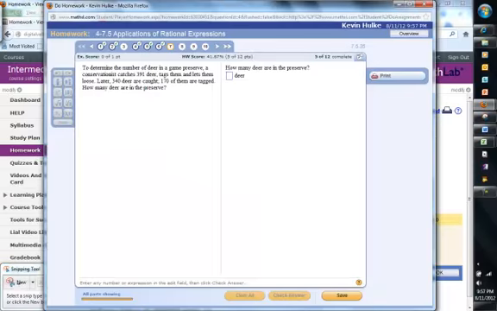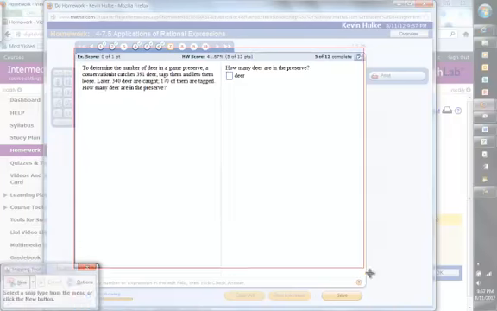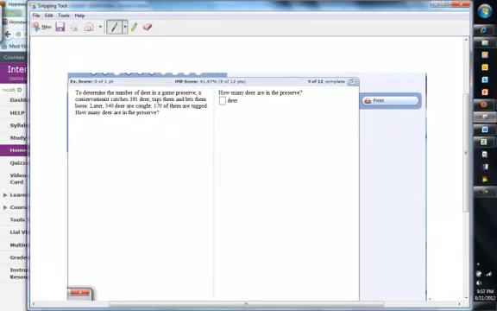I've always thought this method of figuring populations was really cool. To determine the number of deer in a game preserve, a conservationist catches 391 deer. So out of all the deer in the herd, we don't know how many there are, 391 are tagged. Later, 340 deer are caught, and of that sample, 170 have tags.